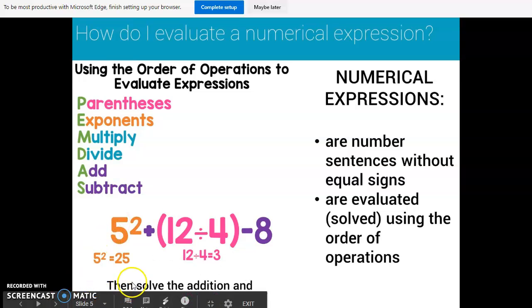Then we're going to take our addition and we're going to solve from our left to our right. So I want you to write a 25 plus 3 minus 8. So again, that is 25 plus your 3 minus 8.